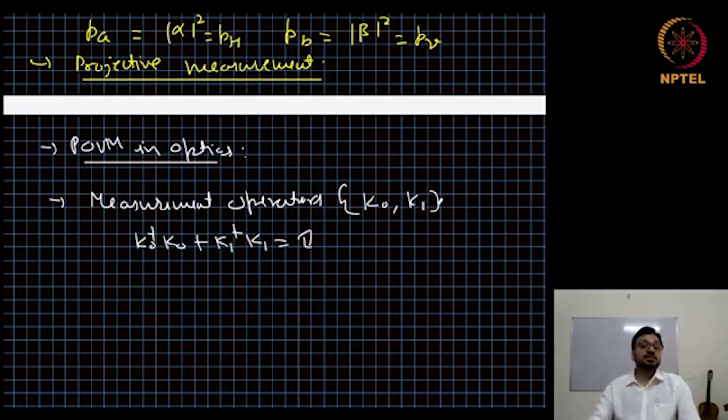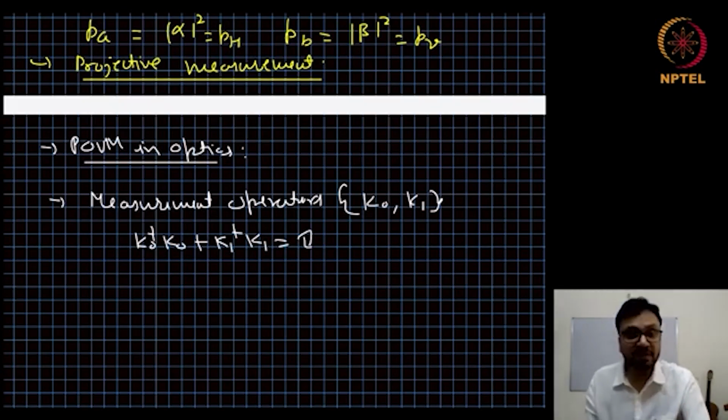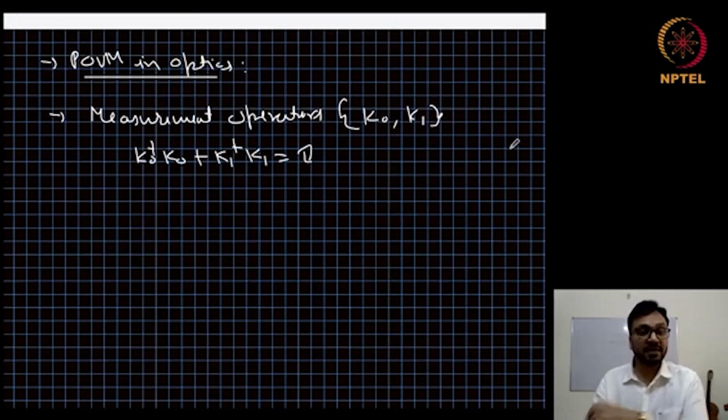These are measurement operators, these are not effects. In fact, for these given measurement operators, K0 dagger K0 will be one effect and K1 dagger K1 will be another effect. So for given measurement operators, it's easy to find the effects.